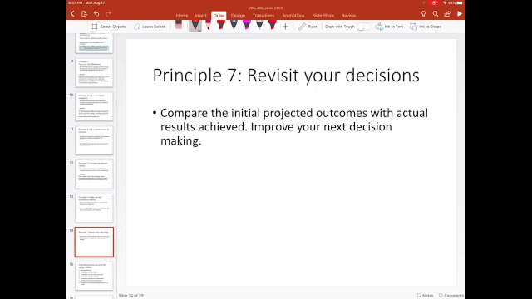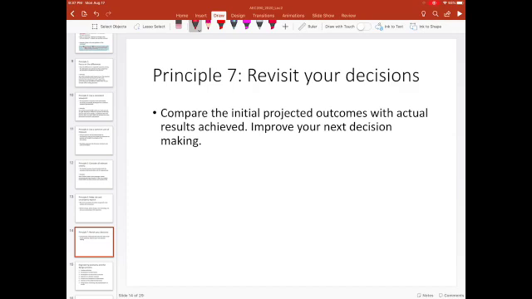And principle 7 is to revisit your decisions. It means you have to compare the initial projected outcomes with actual results achieved. Like you make a decision to choose option 1, and at the moment you choose that option, you have a projection of your future revenue, future income, future market, right?